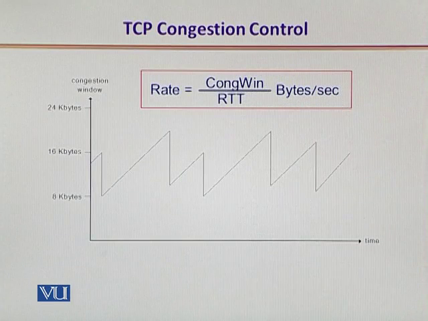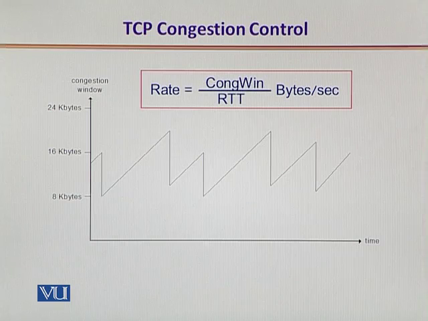If you look at this figure, on the x-axis we have time, on the y-axis we have the varying congestion window. It is averaging around 16 kilobytes, but it goes as high as 24 kilobytes and as low as 8 kilobytes. It means that the window keeps on fluctuating between 24 kilobytes worth of data and 8 kilobytes worth of data.